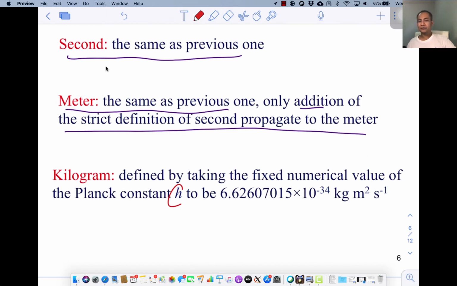In physics we have equations like E, the energy of the photon, equals n h bar omega, and h bar is h over 2 pi. h is the Planck constant. It's one of the universal constants that will never change in the universe.